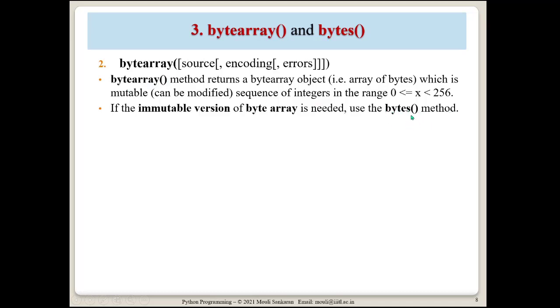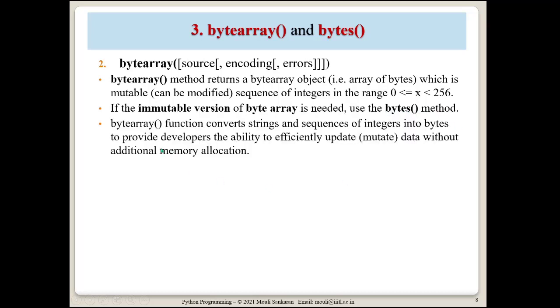It's an array of bytes again, but it is an immutable one. Now the bytearray function converts strings and sequences of integers into bytes to provide developers the ability to efficiently update or mutate data without additional memory allocation.